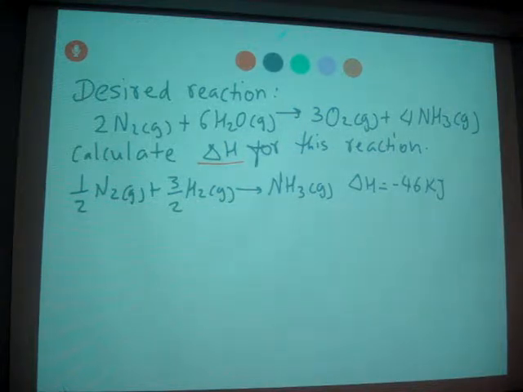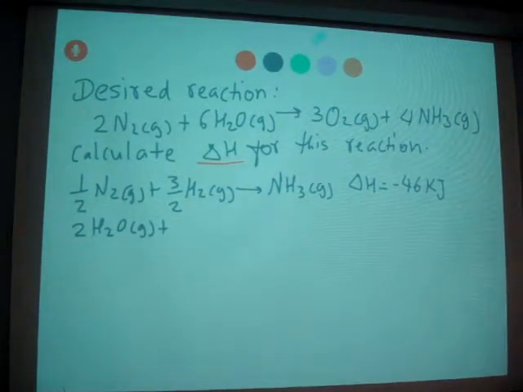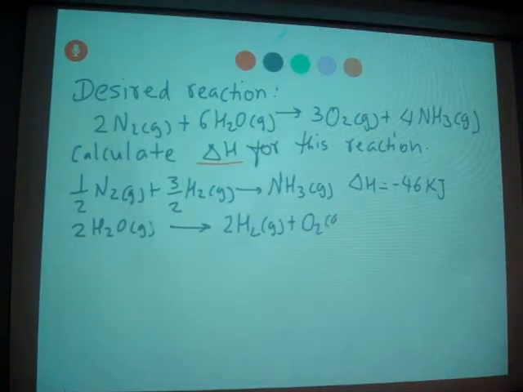Now in a second step, let's say H2O gas, which provides 2 moles of H2 gas and O2 gas, and then delta H is positive 484 kilojoules. Now 2 steps, and that's our desired reaction.